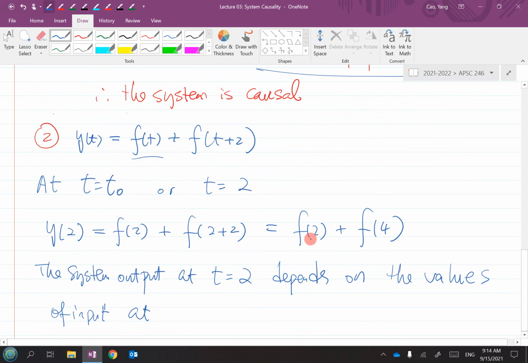First one, the value of the input at t equal to 2. And the second one, the value of the input at t equal to 4. So this one is the input value at t equal to 2, and this is the input value at t equal to 4.